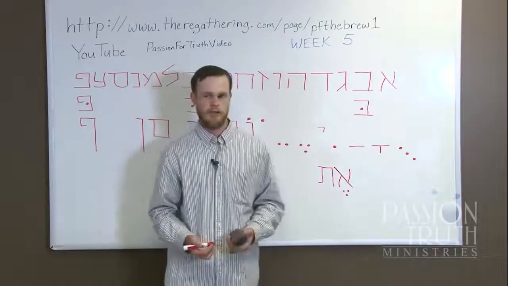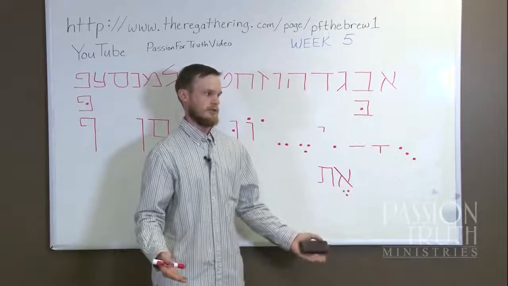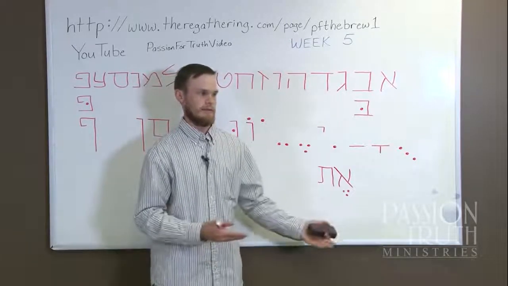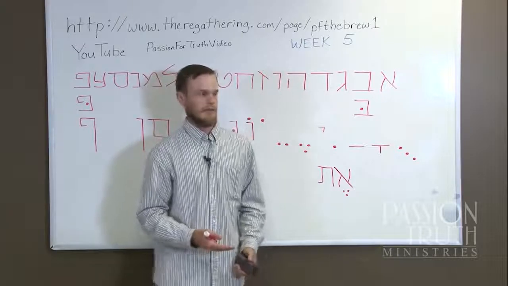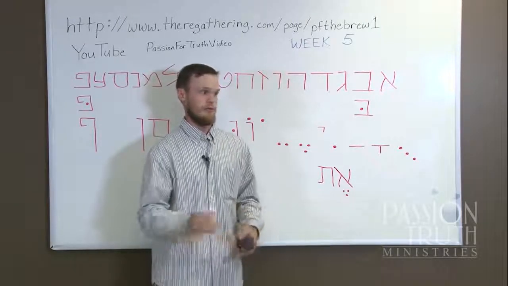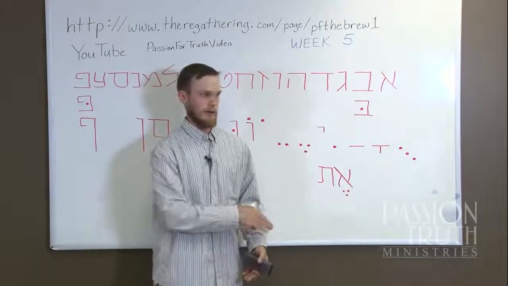So when we say the dog chased the cat, the reason we know it's the dog doing the chasing and the cat being chased is because dog appears before cat in the sentence. In Hebrew, you could have those words in any order.